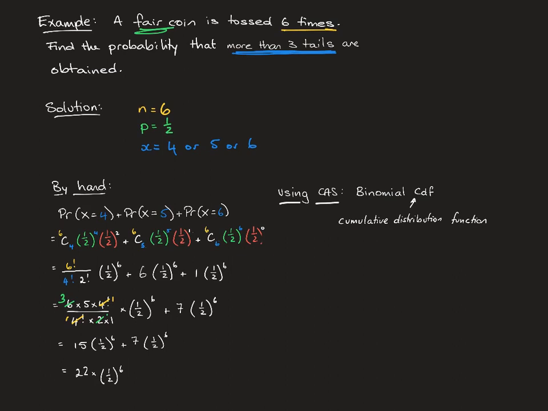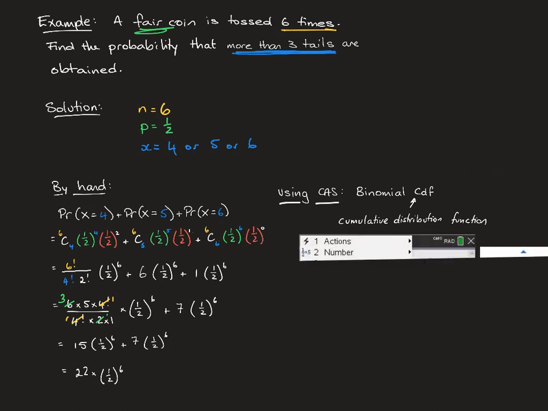All right, so using a CAS, we need to use a binomial CDF. And the C stands for cumulative. And what it does is it takes the table of probabilities and starts adding up from X is 0 plus X is 1, plus X is 2, plus X is 3. And you tell it which X value you want to start with at the lower end and which X value you want to finish with at the top.